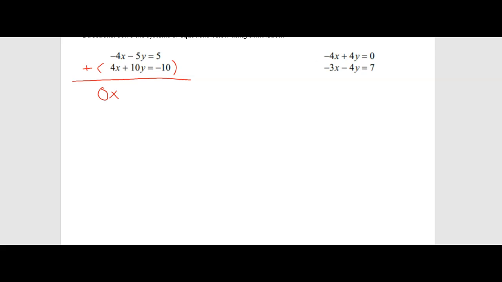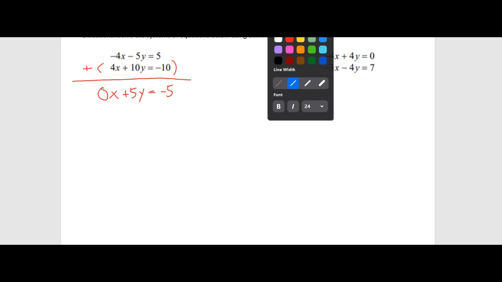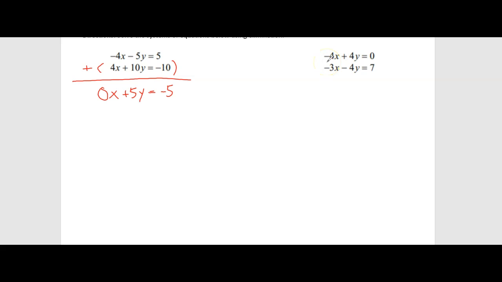Negative 5y plus 10y is 5y. And 5 plus negative 10 is negative 5. Well, we have just eliminated one of the variables, right? Because 0x is 0. So I really just have 5y is equal to negative 5.